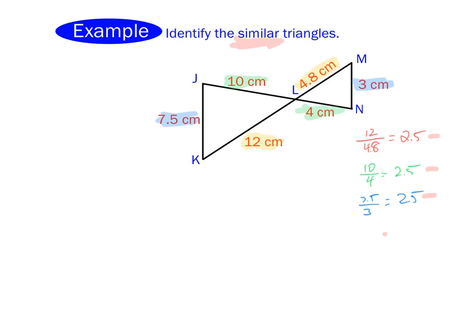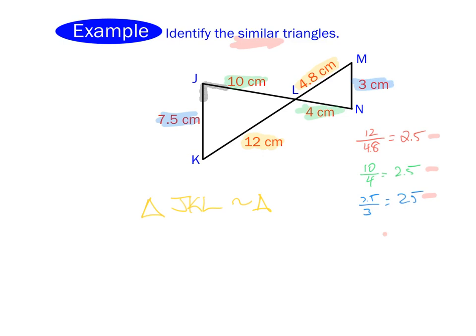We could say triangle JKL, probably just because it's in alphabetical order, is similar to triangle... Now, which would J correspond with? The way to figure this out is J is the intersection of blue and green.